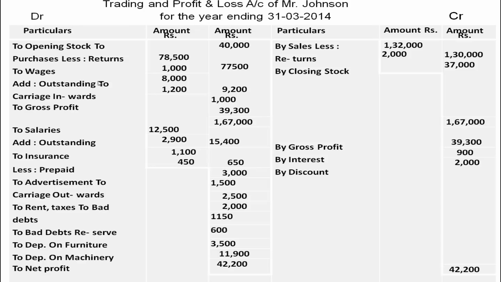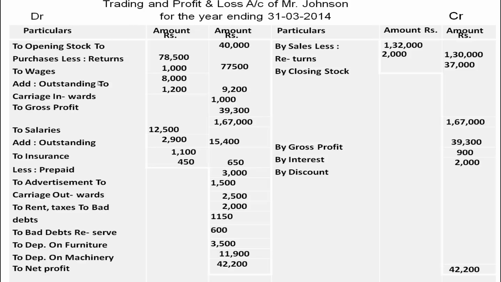The next expense is 1,500. Carriage outward is 2,500. Rent and taxes is 2,000. Bad debts is given 1,150. Bad debts reserve is 600. And the depreciation on furniture, we have to calculate this amount.